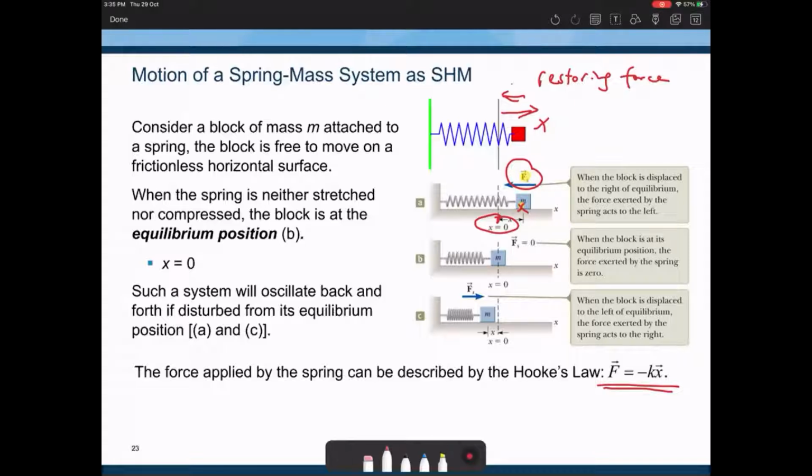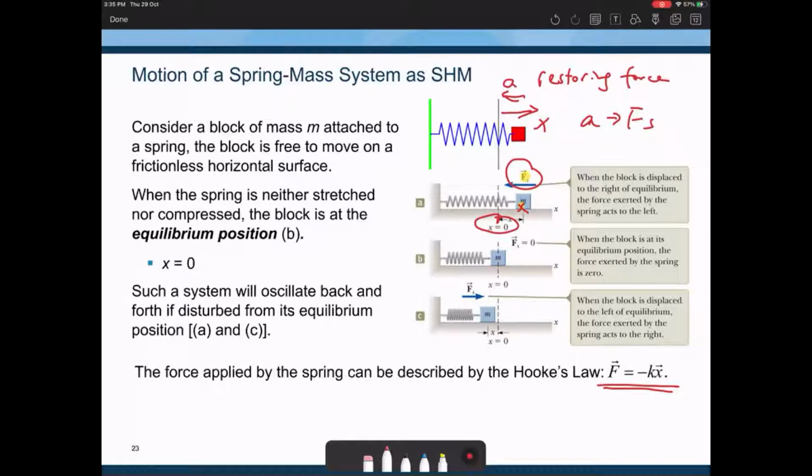So the acceleration, which is due to the spring force, is pointing in the negative x direction. And that is why it is called a restoring force.